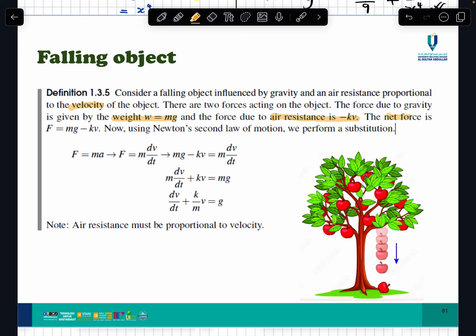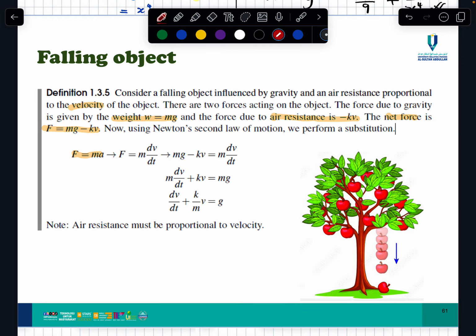So the net force is F equal to mg minus kV. Gravity pulls down, air resistance pulls it up. Then we apply Newton's second law from physics: F equal to ma, and a is the acceleration. a is dv/dt.